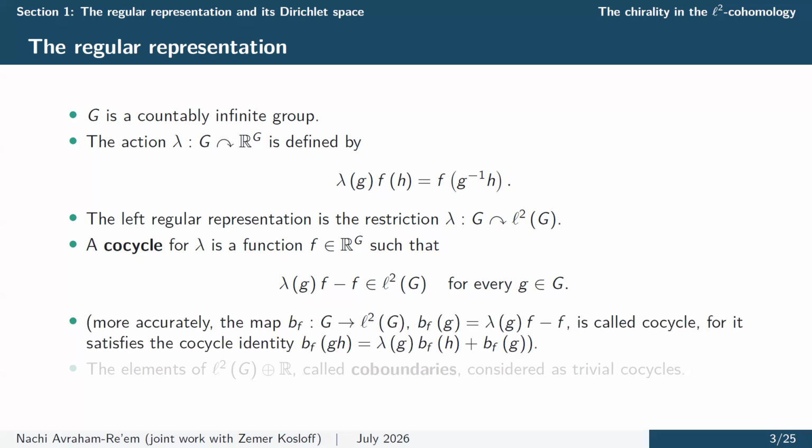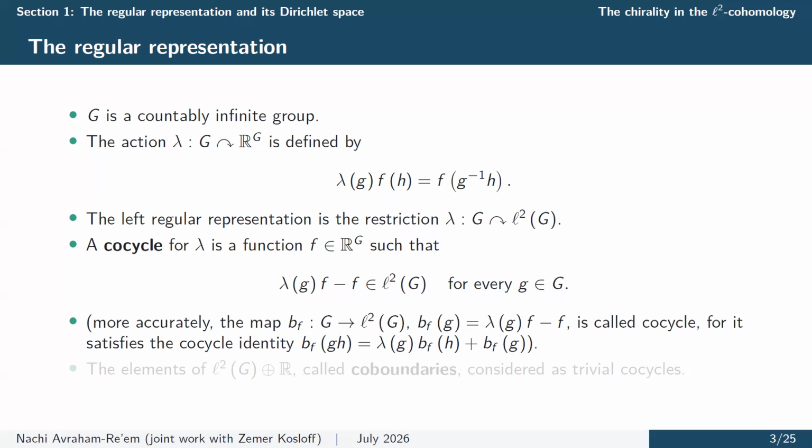Now, let me just say something about the terminology. The standard terminology says that the cocycle is not the function f, but the map b_f, which is a map from G to the L2 of G, given by this difference. For every group element g it gives us an L2 element by looking at lambda g f, the translation of f from the left, minus f.